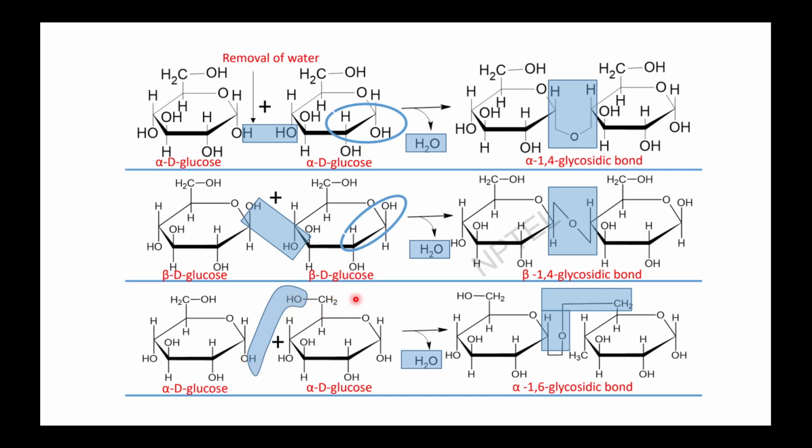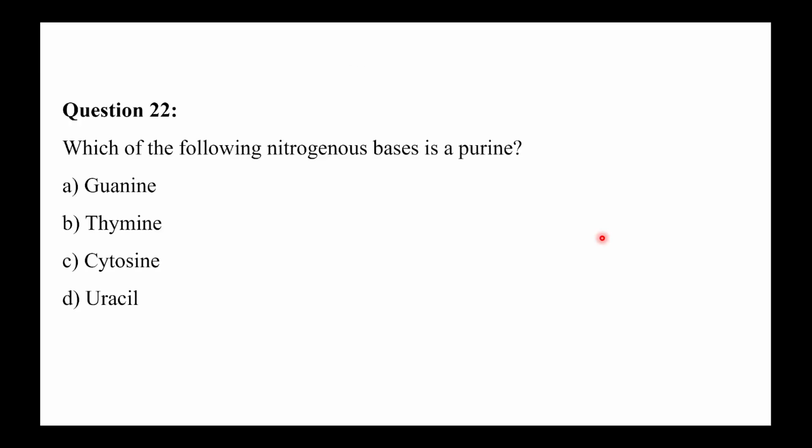So that will make an alpha 1,6 glycosidic bond, and alpha 1,6 glycosidic bond generally leads to branching, whereas alpha 1,4 and beta 1,4 glycosidic bonds lead to formation of straight chains of glucose. Cellulose has this beta 1,4 glycosidic bond. Okay. Is this clear to everyone? Let me know if you have any doubt.